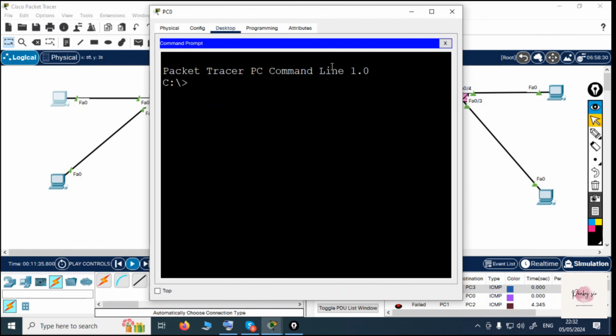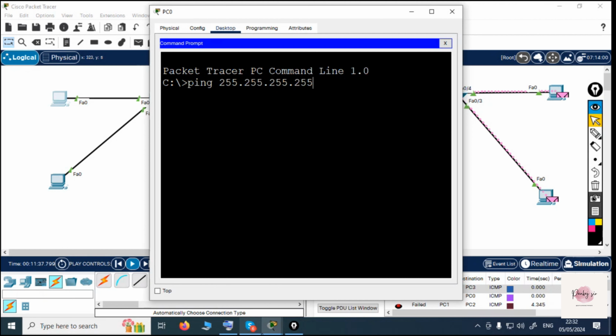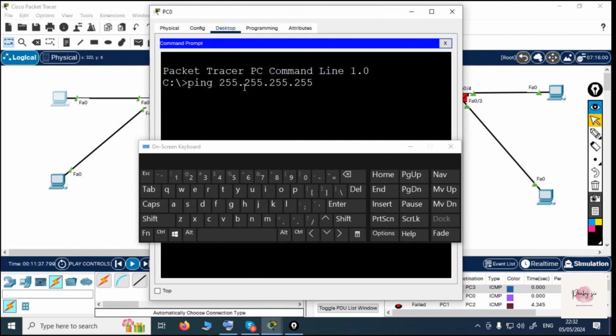Let me ping 10.255.255.255, which is the broadcast layer 3 address of the network these PCs are in.